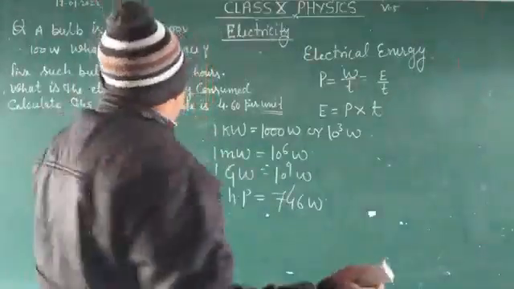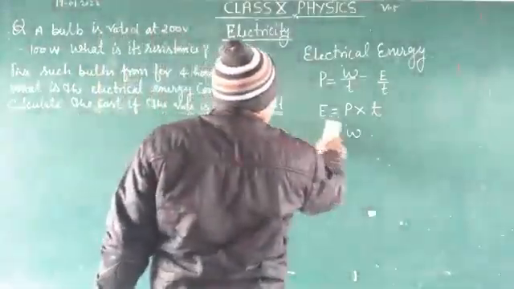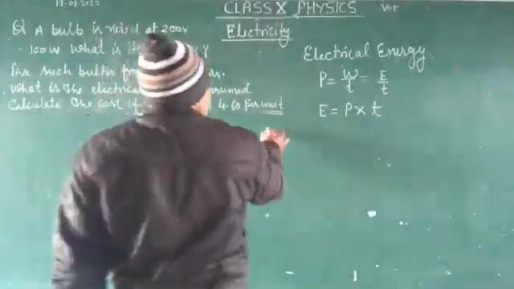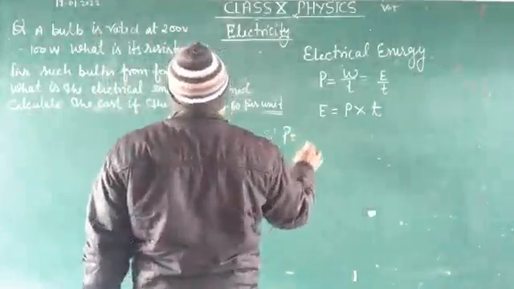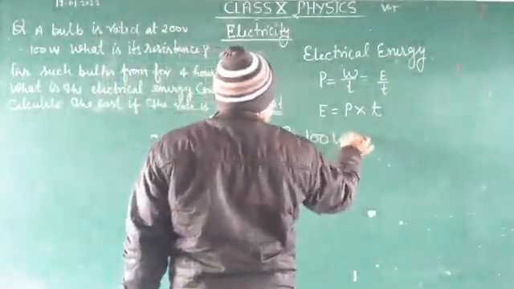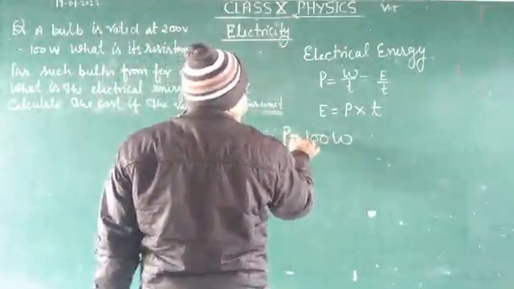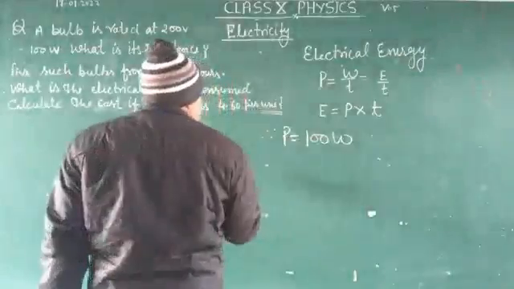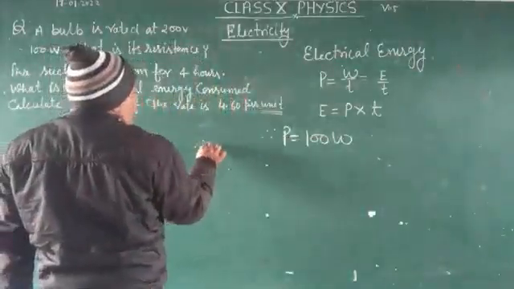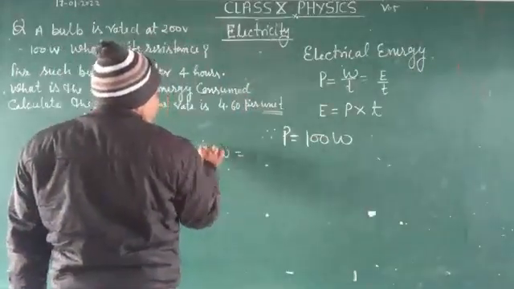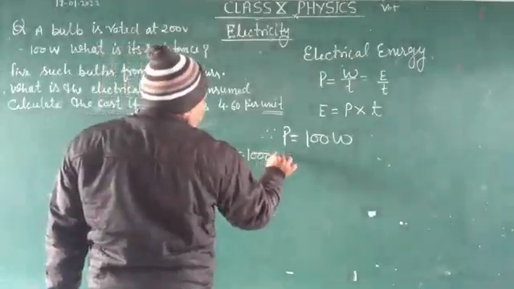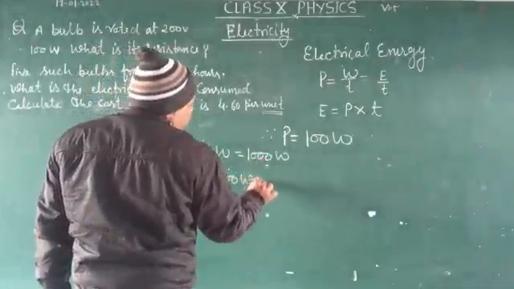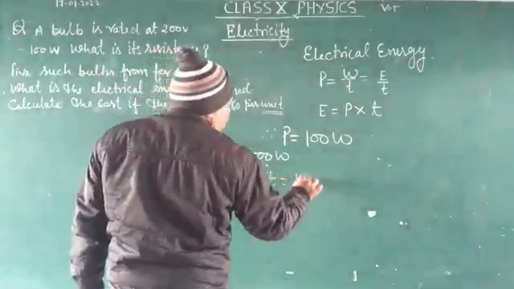So here the value of power is given in watt and we should convert it into kilowatt. Power is given as 100 watt and we should convert it into kilowatt. So we can write divide by 1000, since 1 kilowatt is equal to 1000 watt. Okay, now we can write here 1000 watt is equal to 1 kilowatt.